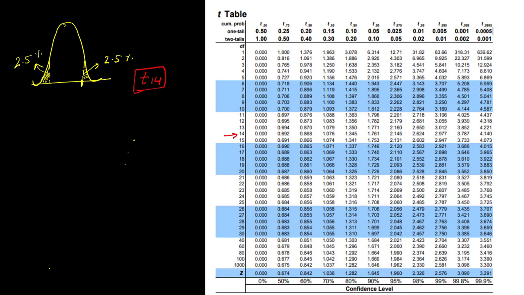Here we can see that for one tail 0.025, T14 is 2.145. Since the t distribution is symmetrical in nature, this can also be said to be minus 2.145. We can also get this for the 95% confidence interval against the T14 distribution, the value of 2.145.